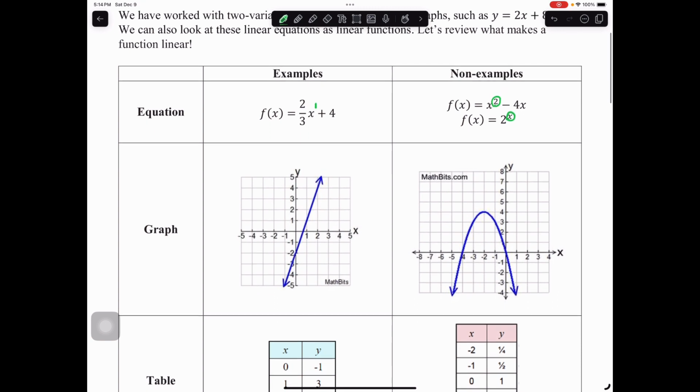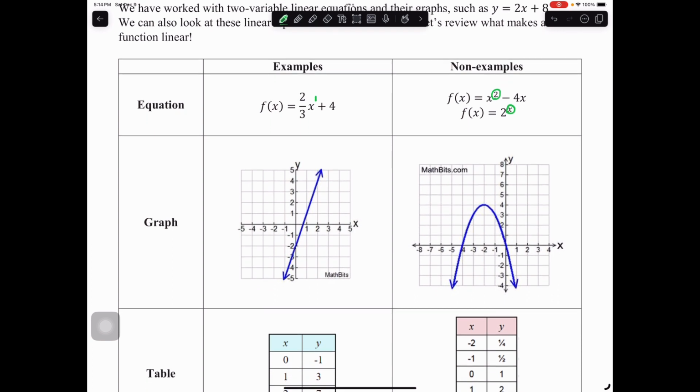When you're looking at a graph, you can see linear on the left as an example. We have a straight line. So if I were to find the rate of change on this graph, identify a couple of points and count the rise over the run, it would be consistent.